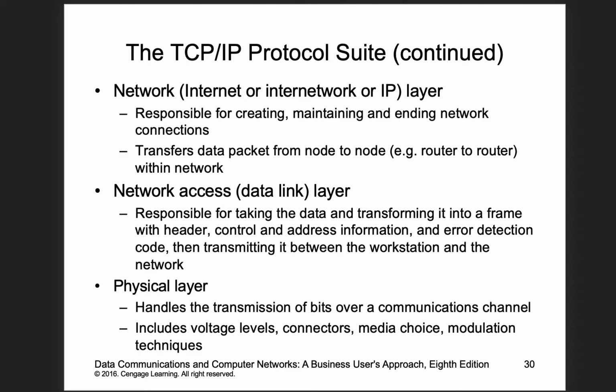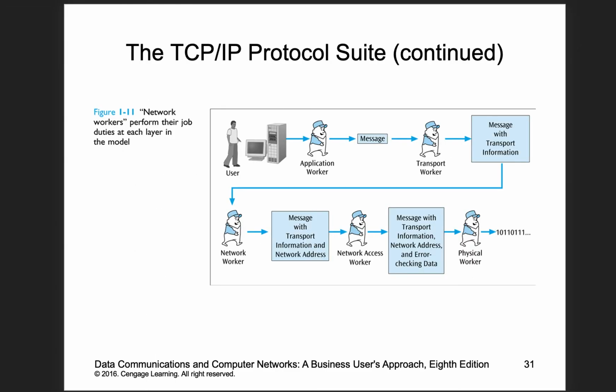Let's take a look at the figure, which shows a much clearer view. We have the user over here. For example, he wants to send an email. There the application layer, in this case the application worker, will create the message, and from there the transport worker will send the information over to the network worker.